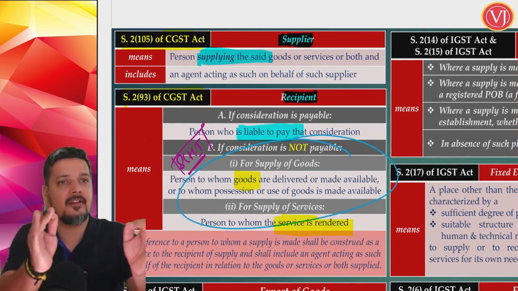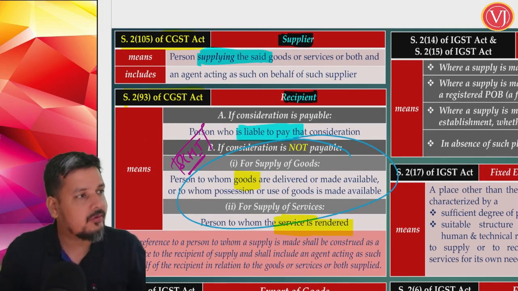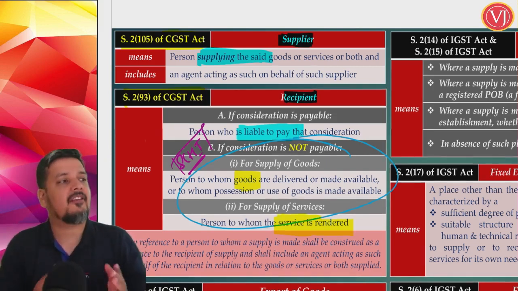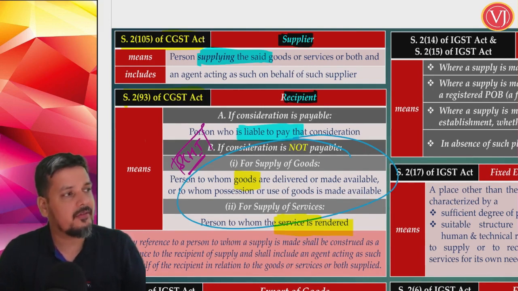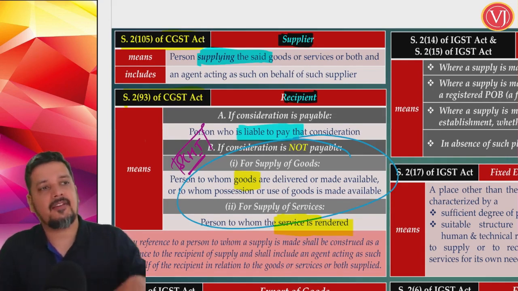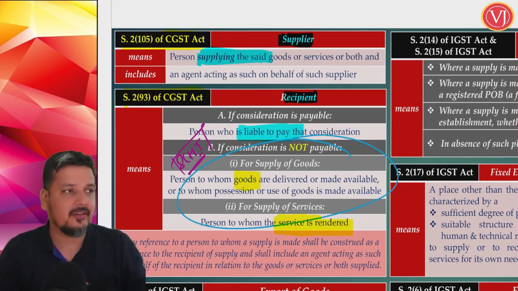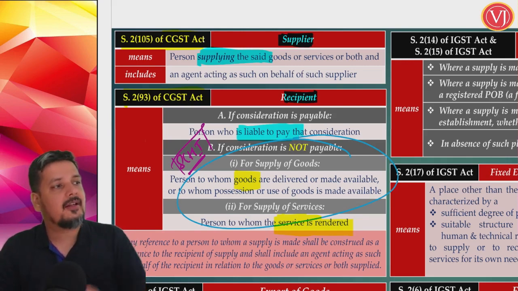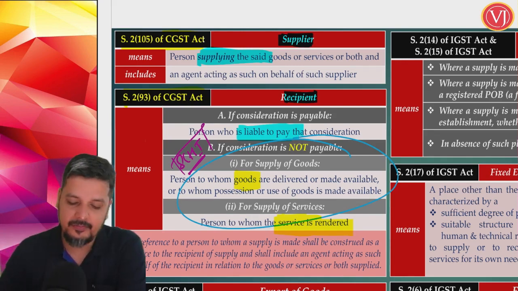In simple language, the person who receives the goods. The person to whom the service is rendered. In simple language, person who receives the service. So recipient, where there is consideration, means the person who is liable to pay consideration. Where there is no consideration, it means the person who receives the goods or receives the service.